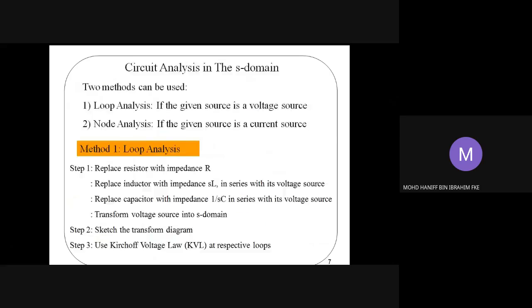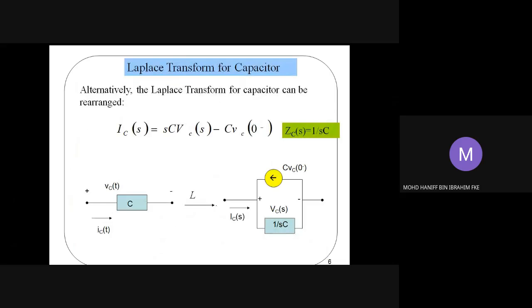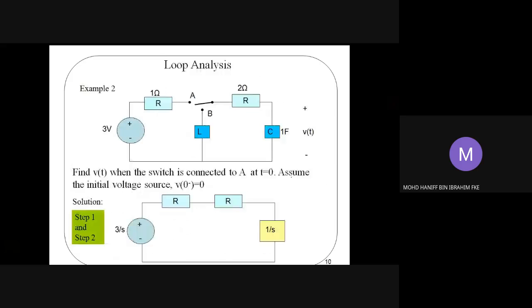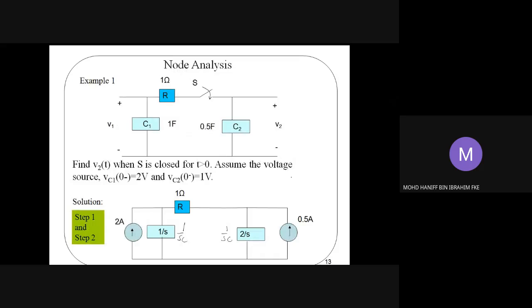For the capacitor, we have to go back. So this is C V C zero negative, which should be the equation for the current source.